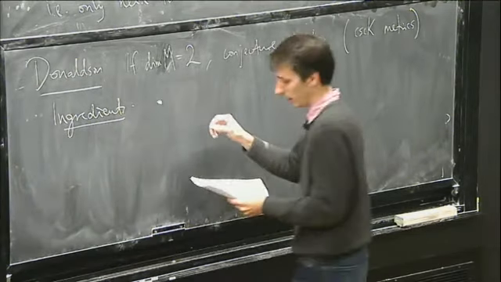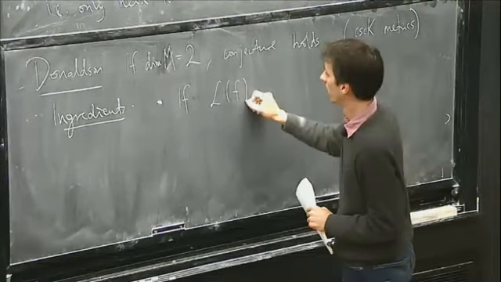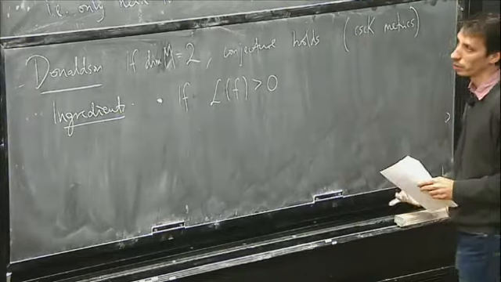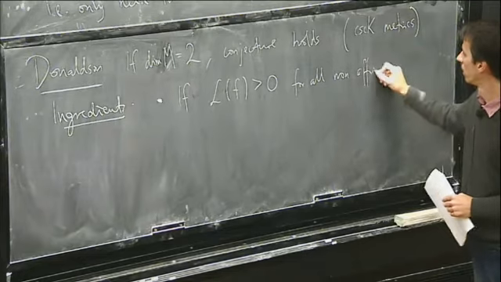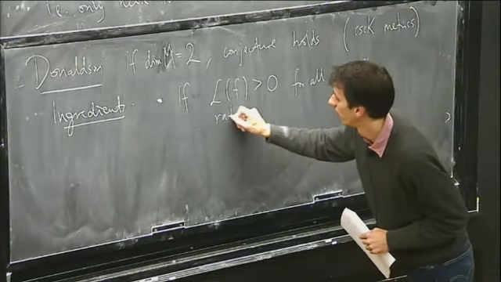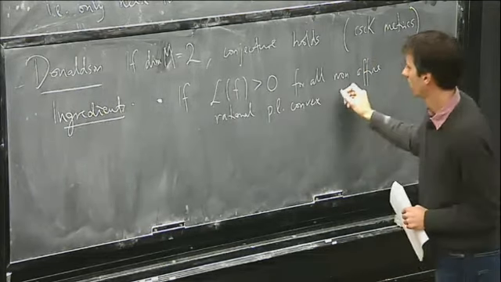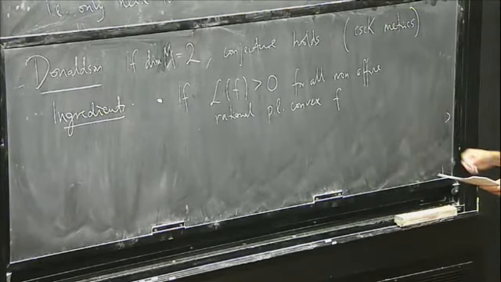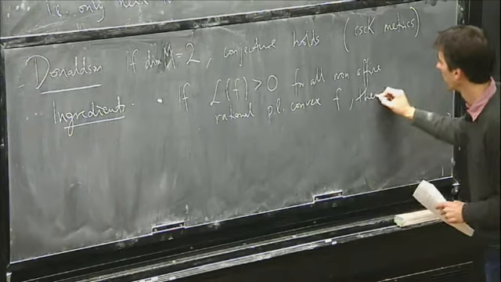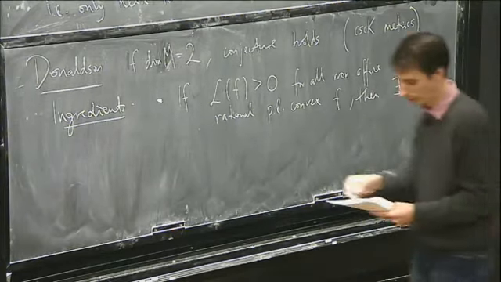So one key result is that if you have the strict positivity for all non-affine linear, rational piecewise linear convex F, then actually you have a uniform version of this result. So then there exists some delta such that you have the following inequality.